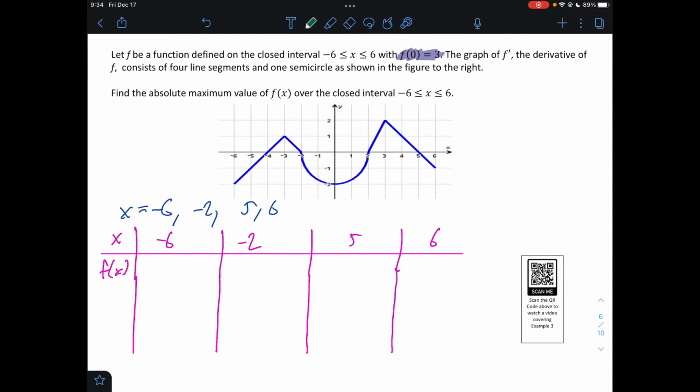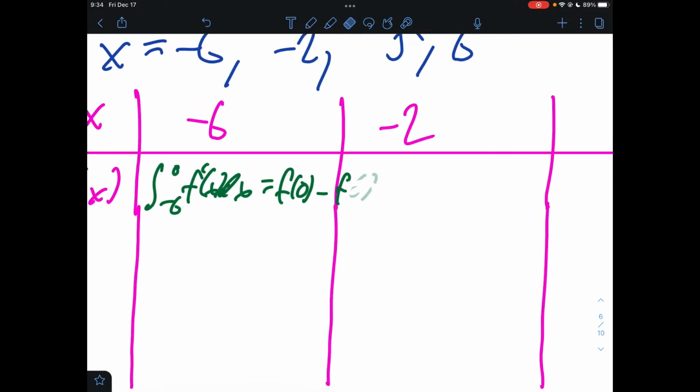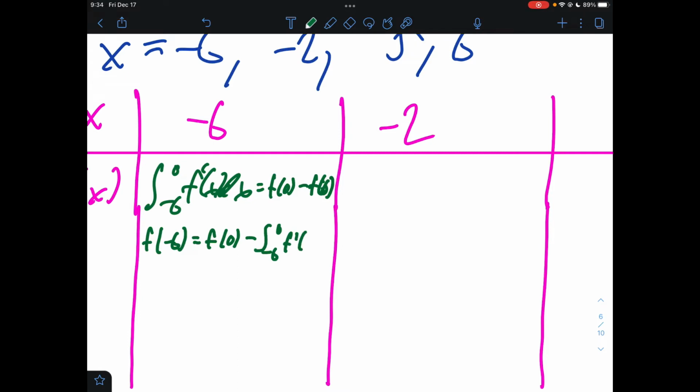If we set up the integral from negative 6 to 0 of f prime of x dx, equals f of 0 minus f of negative 6. I'm just rearranging the equation to say f of negative 6 equals f of 0 minus the integral from negative 6 to 0 of f prime of x dx.